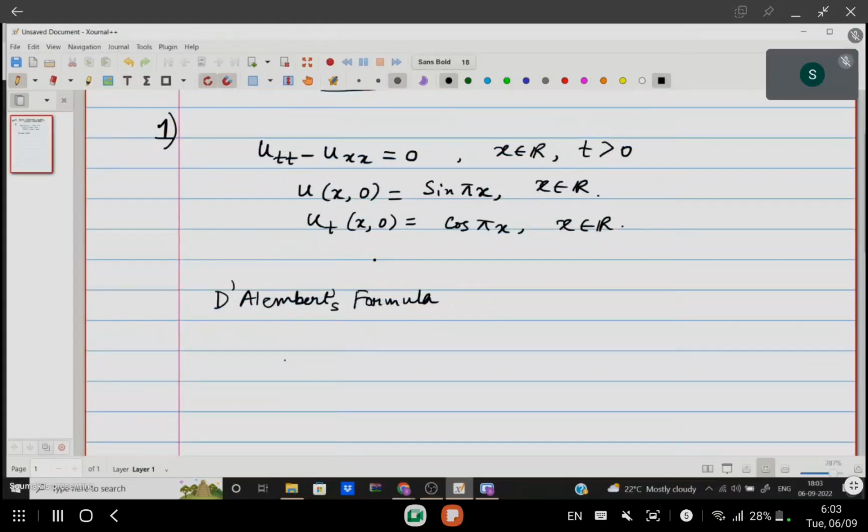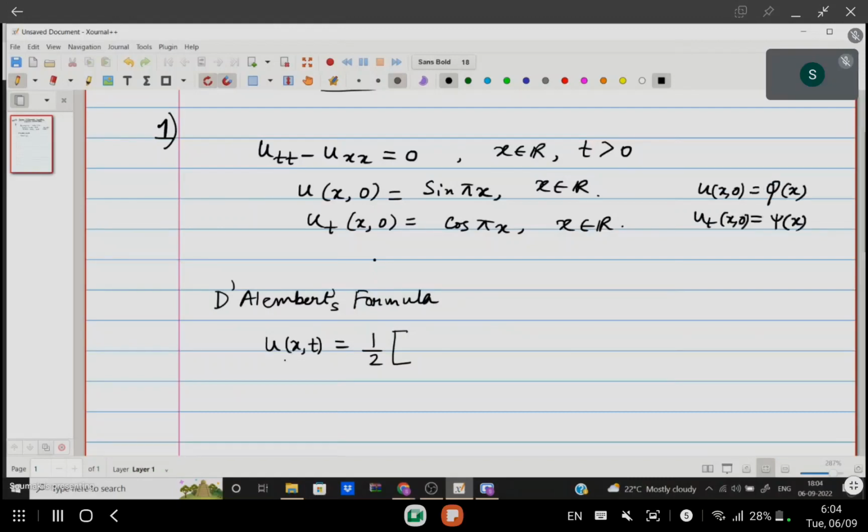Sin(pi x) is my phi and cos(pi x) is my psi. In general, u(x,0) is phi of x and u_t(x,0) is psi of x.